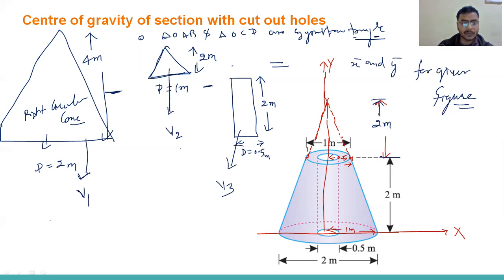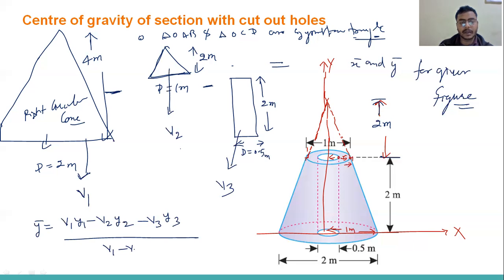So for this case, you will get this y bar, that will be V1 y1 minus V2 y2 minus V3 y3 divided by V1 minus V2 minus V3. See this equation here: V1 y1. Here we are deducting V2, so V2 y2. Here we are going to deduct V3, so V3 y3. Similarly, in the denominator, V1 minus V2 minus V3. Are you getting my point?